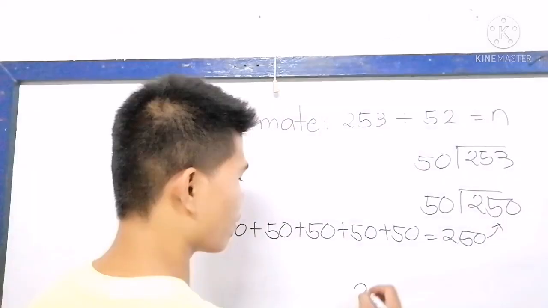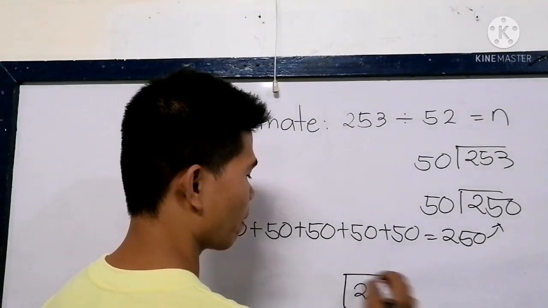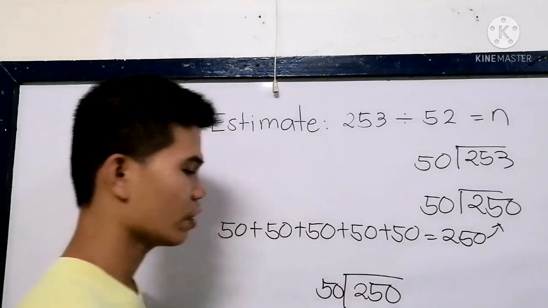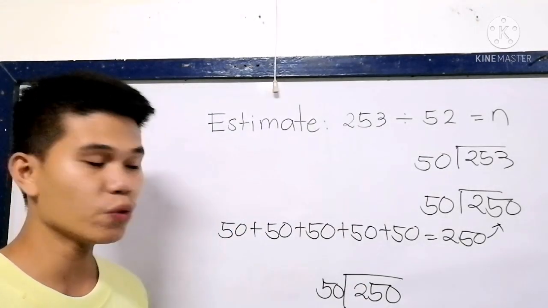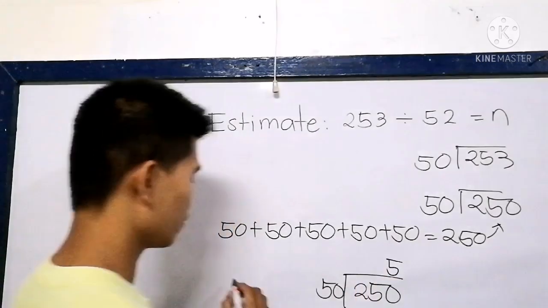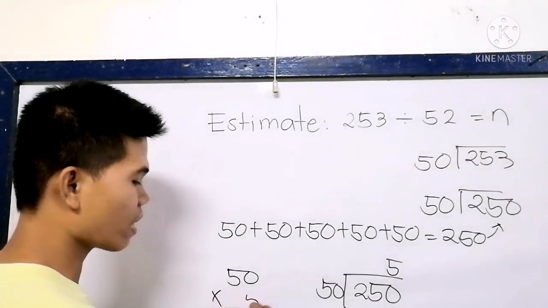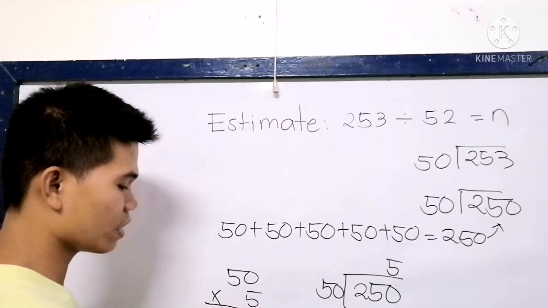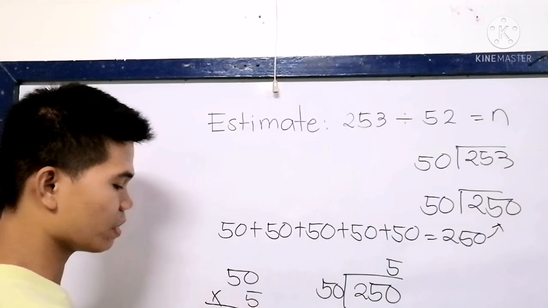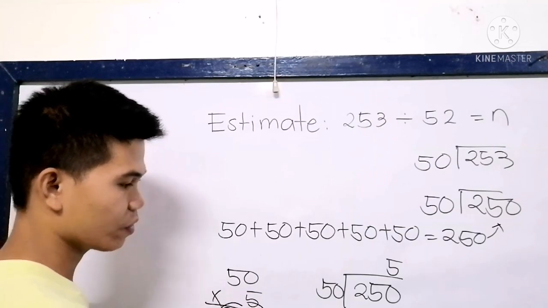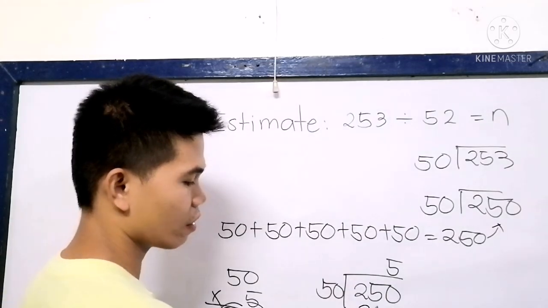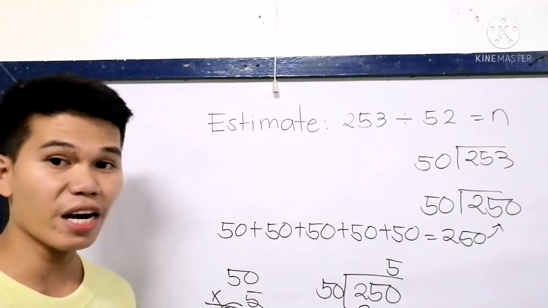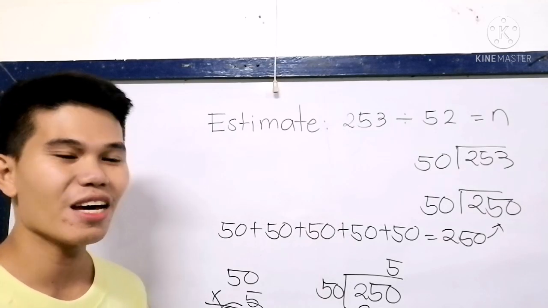So 250 divided by 50 is equal to 5. Because 50 times 5 is equal to 0 times 5 is equal to 0 and 5 times 5 is equal to 25. So that will be 250. So therefore, the estimated quotient is 5.